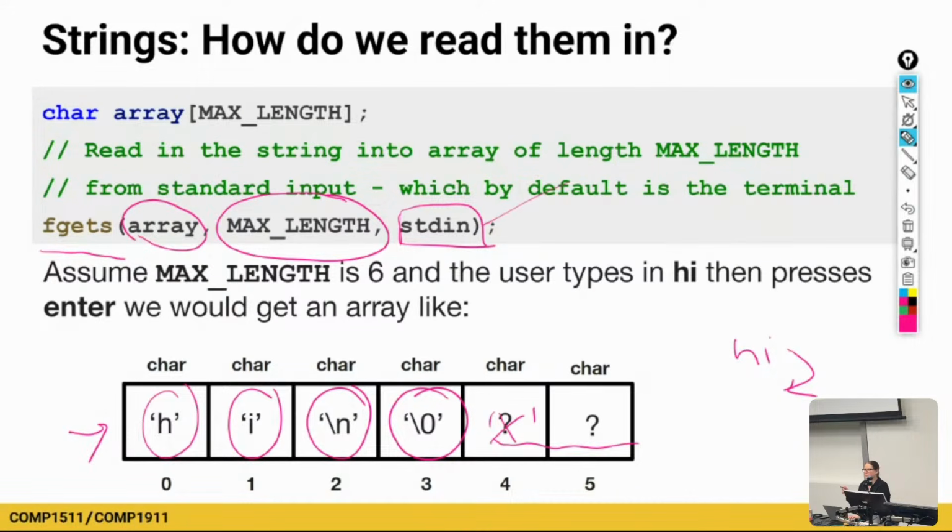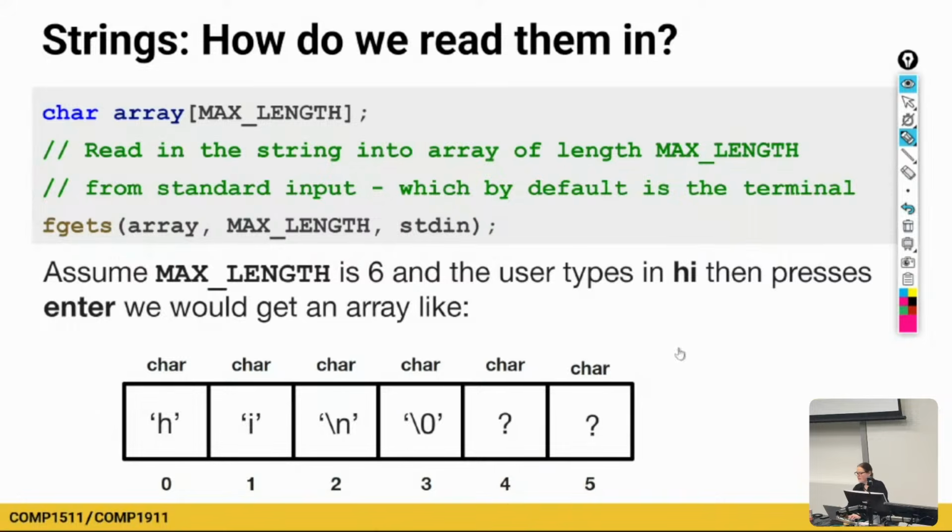So fgets will read in until you've typed in enter, or if you type in too many characters, it'll cut you off and it'll read however many characters fit in here. So if I typed in hello, newline, I'd get the hello.